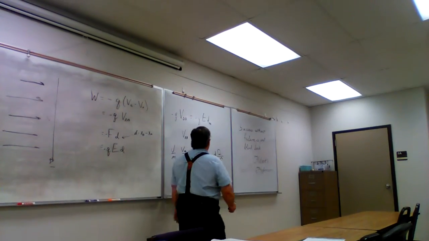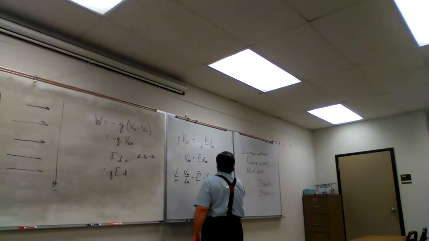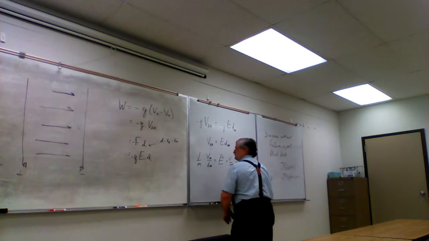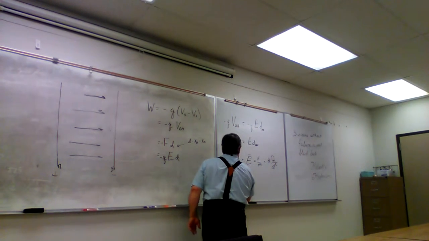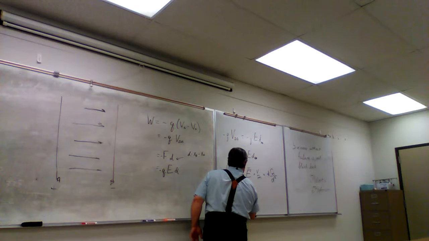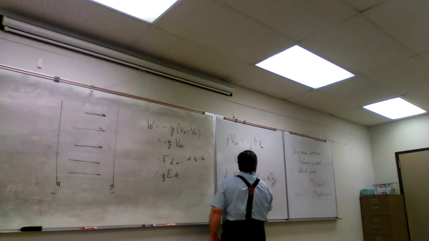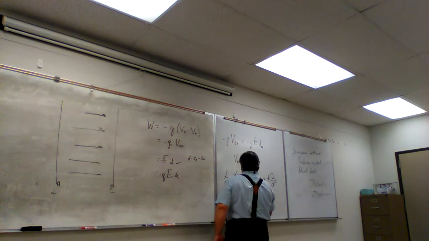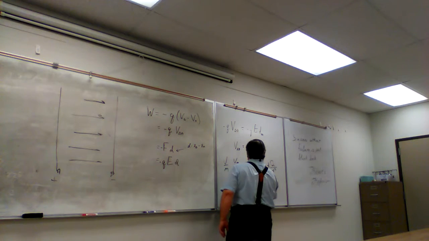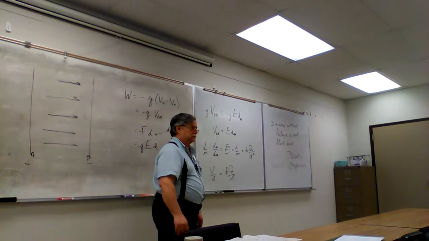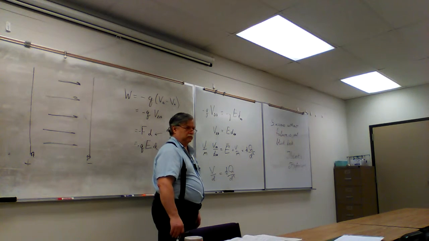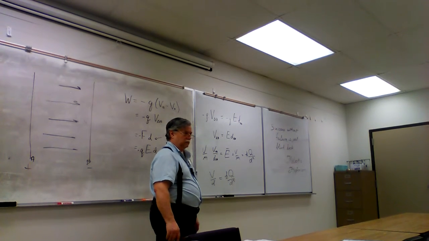Okay? That means we have volts divided by distance is equal to K times Q divided by distance squared. Everybody with me so far?